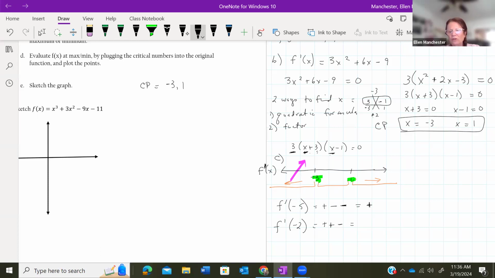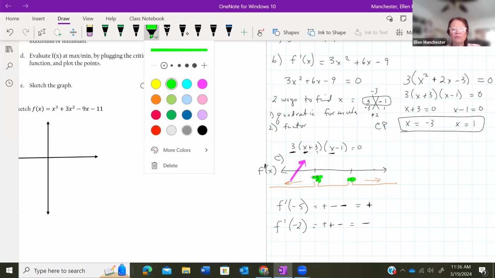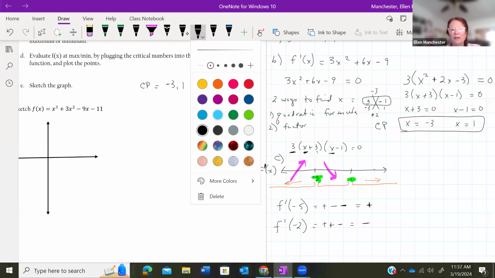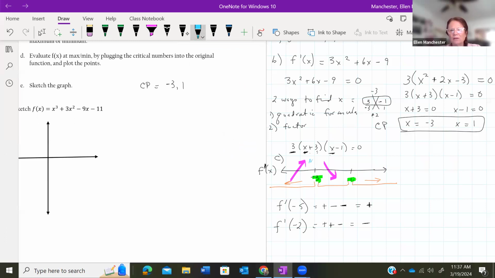So that whole interval is going to be negative because I have an odd number of negatives. That means this interval is going to go down. So what that tells me is I have a maximum right here. My max is going to be at -3 because it went up and then it went down.